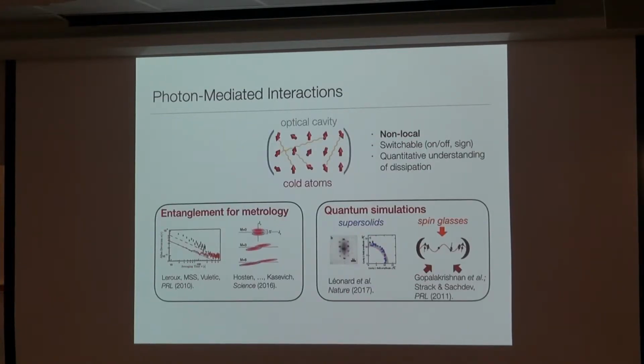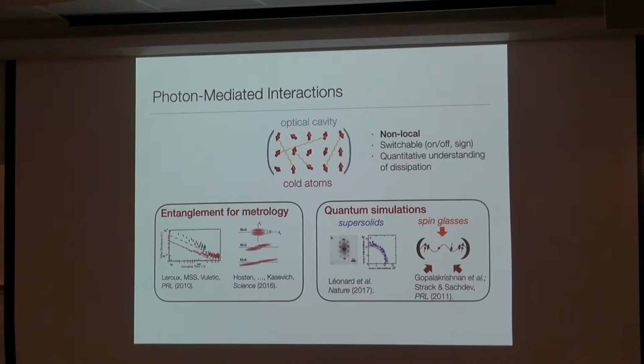The general idea of making non-local interactions with photons is not new. Cavity QED systems are an ideal tool for this. They've been applied in one context as a way of generating entanglement on mass, so squeezed states, for example.